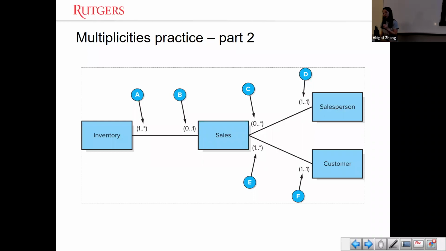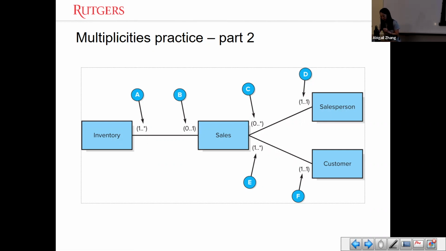And I have other practices. We are going to learn the sales process and purchase process in later chapters, but I'm bringing in those diagrams here so that we can use them as practice. For multiplicities, with or without parentheses is okay.